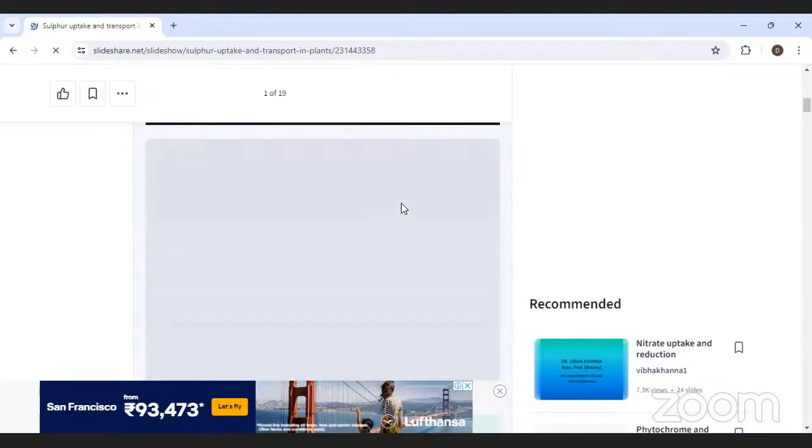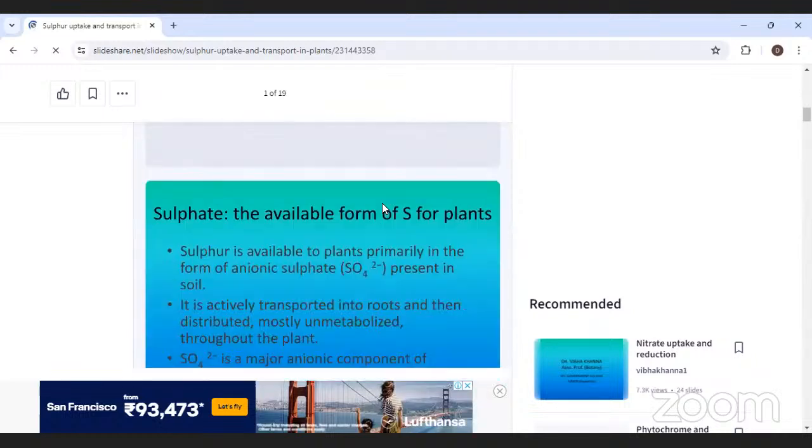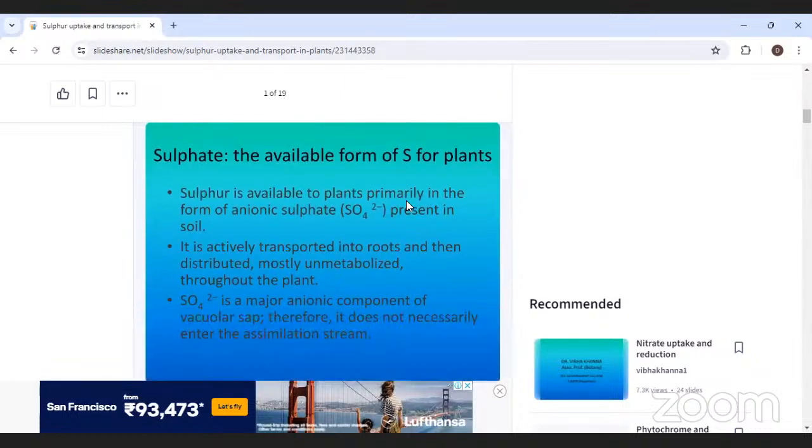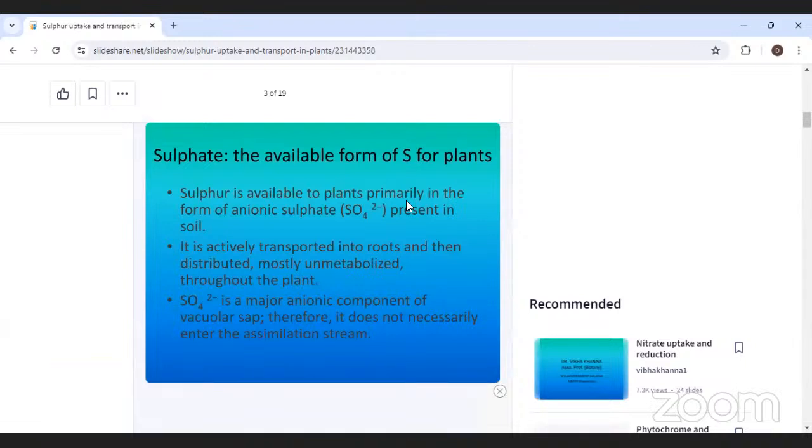Sulfur is also one of the essential elements and is used in the synthesis of amino acids like cysteine and methionine.